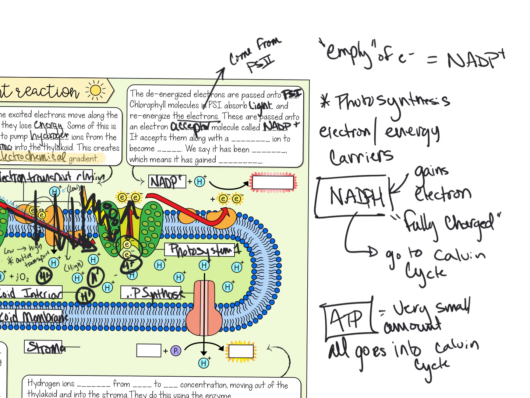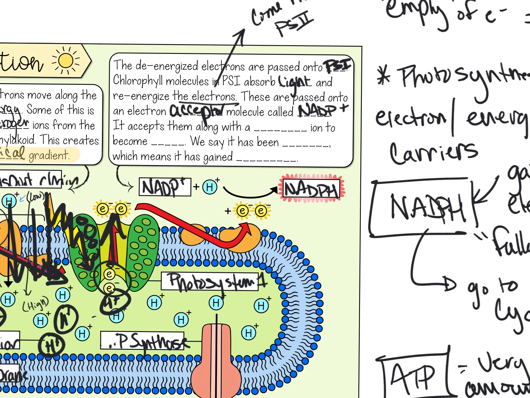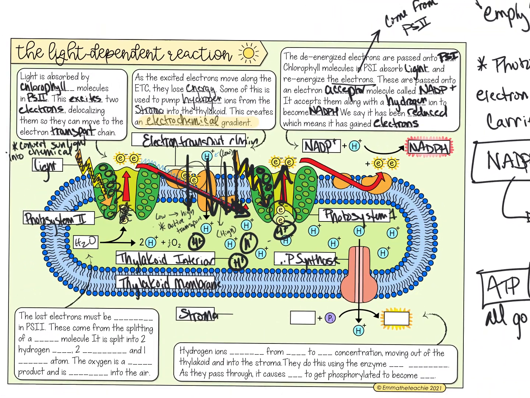When it gains that electron, that's where it forms the NADPH, okay? So it accepts them along with a hydrogen ion to become NADPH. We say it has been reduced because, again, it's gaining that electron. So it's going to gain that negative charge. So that's going to reduce the charge overall.